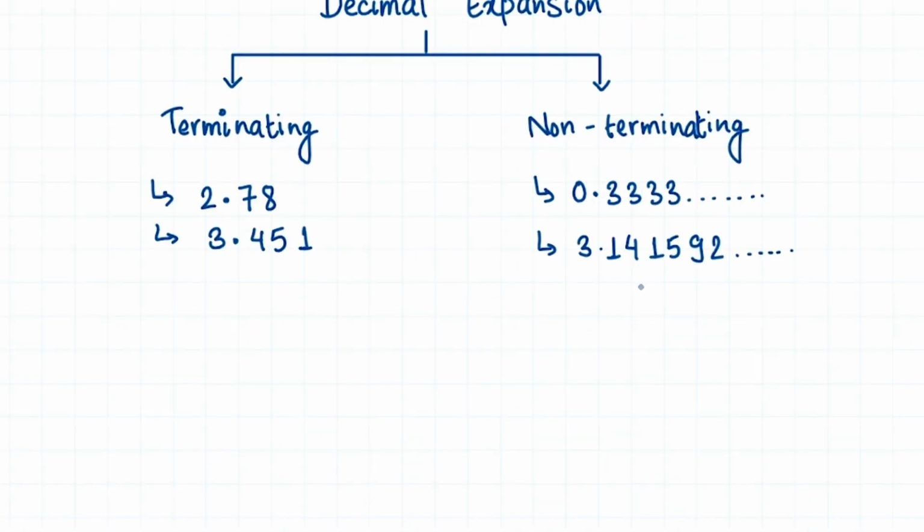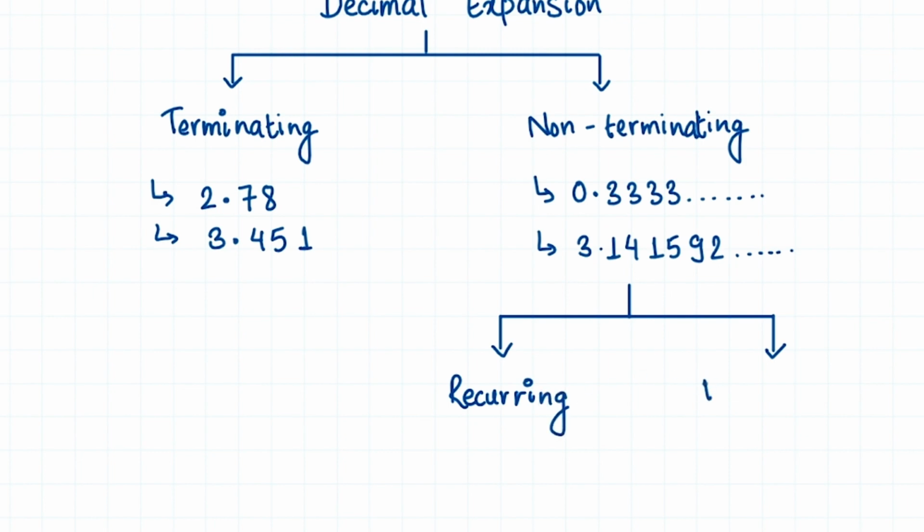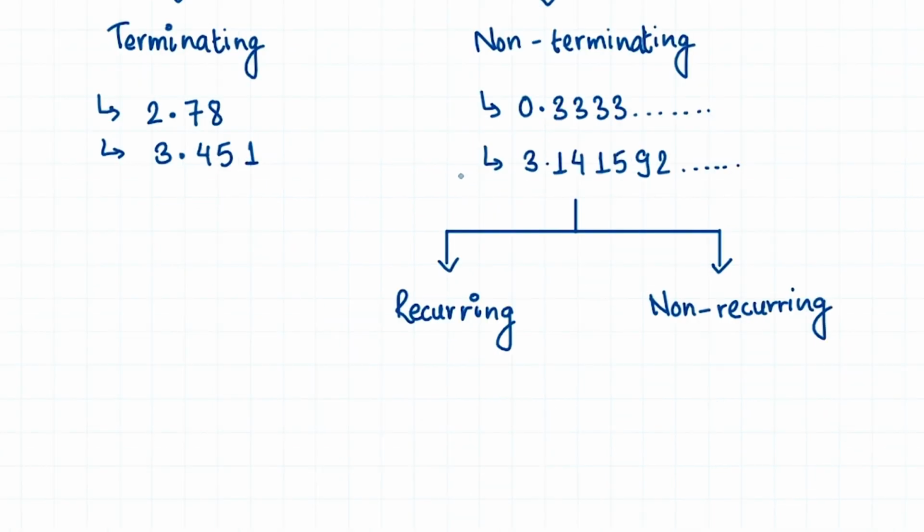Now, again, in non-terminating decimal expansion, we have two different types, okay? So one type of non-terminating decimal expansion is a recurring non-terminating decimal expansion, and the other one is obviously non-recurring. If you look at the two examples I just gave, you see that in the first example, the number 3 is repeating continuously, right?